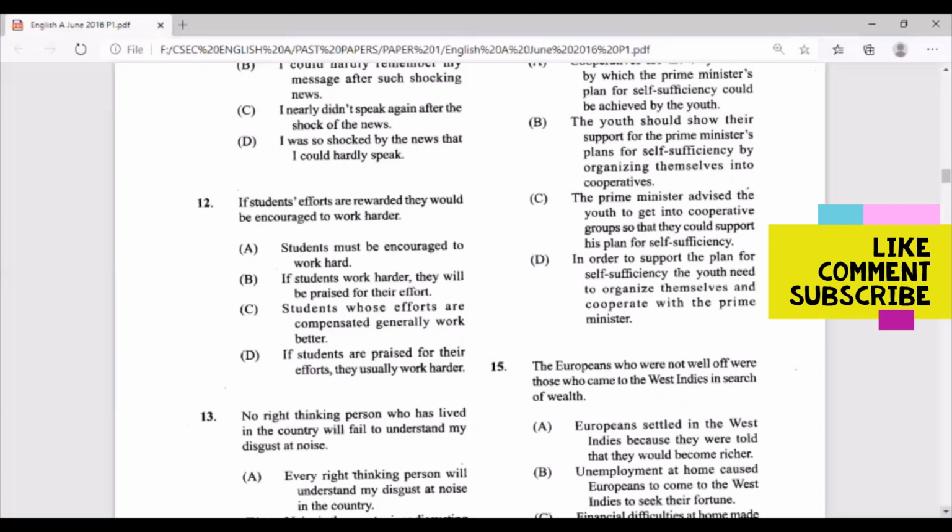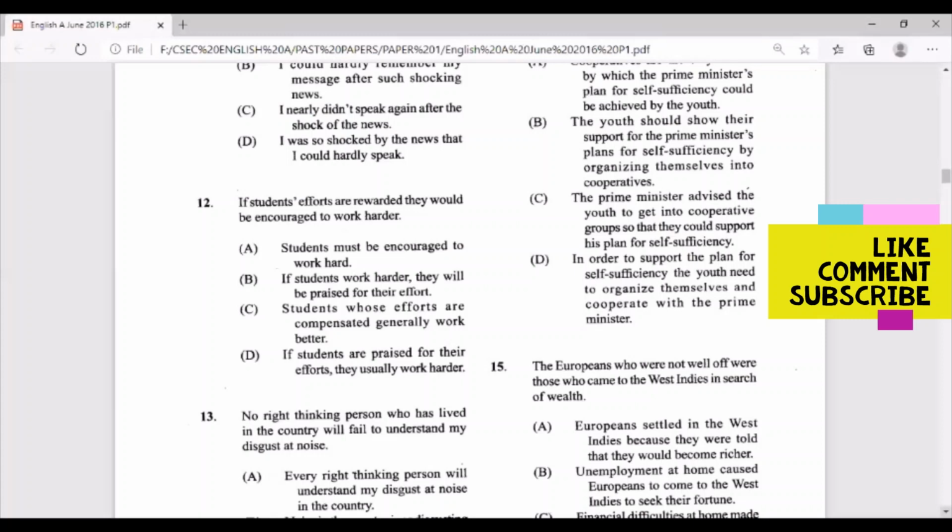So no. Look at B, if students work harder, they will be praised for their effort. If they work harder, then we praise them. We're actually saying let's praise them for what they put in, and they will work harder. So no. C, students whose efforts are compensated. Okay, not too bad, because we did say we want to reward their efforts.